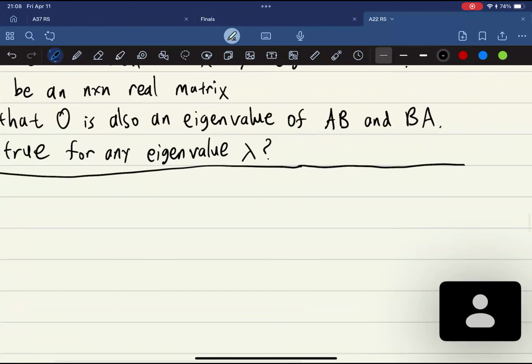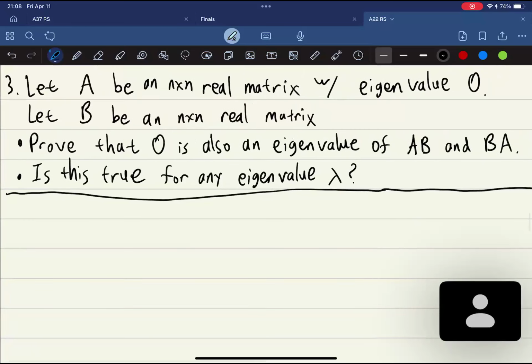We'll do the first point, the easier case first.